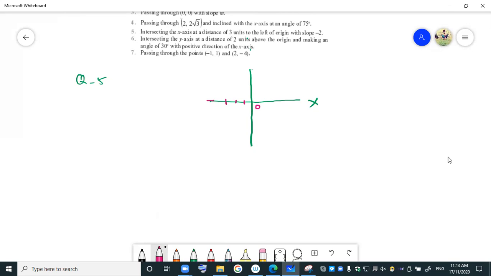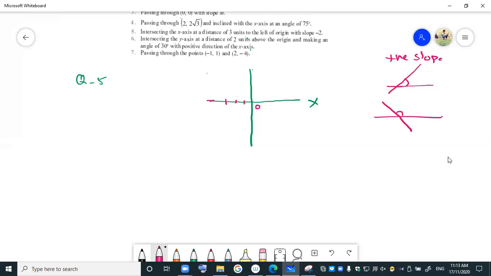And you know that if the line is making positive slope, the line is making an angle like this. If the line makes an angle more than 90 degrees, then the slope will become negative.